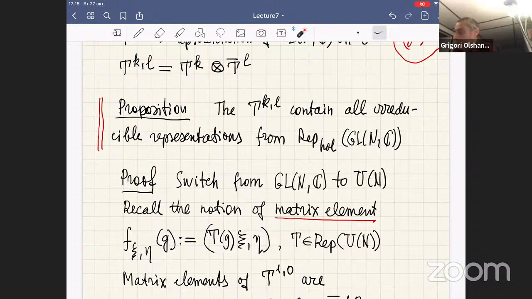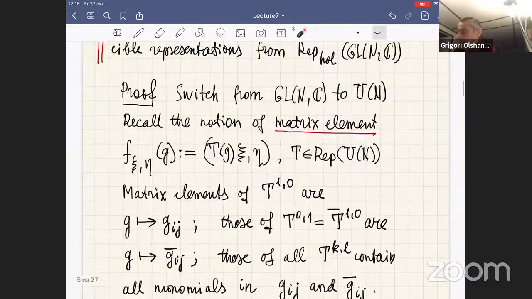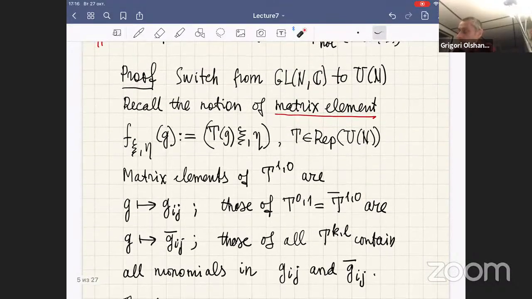I'm sorry, maybe it's not a good notation because it's not the tautological representation, but temporarily it is arbitrary. And what next? We remark that the matrix elements of the tautological representation are simply the matrix elements of the group itself, and those of the dual representation are these conjugate functions, okay?